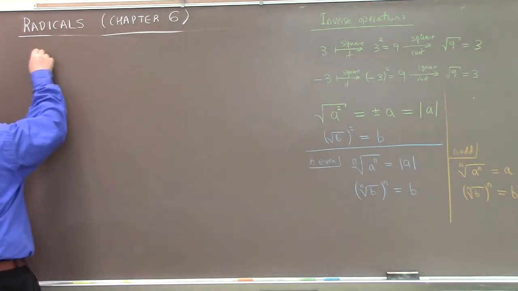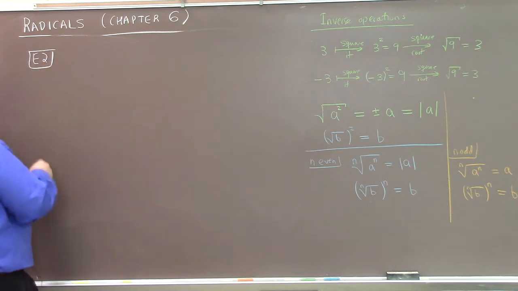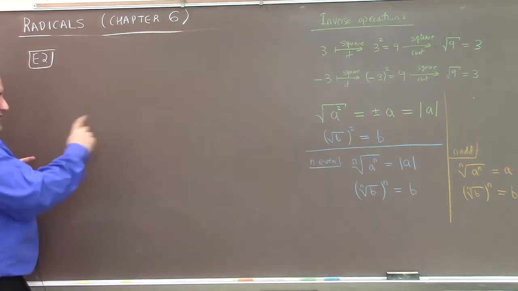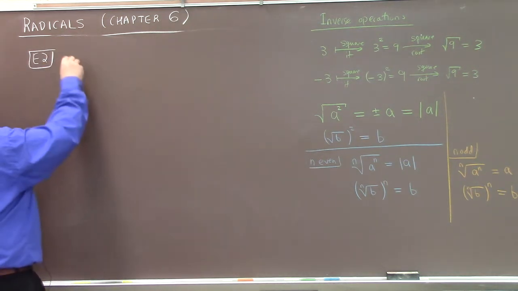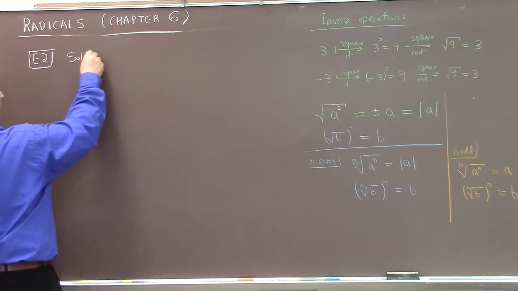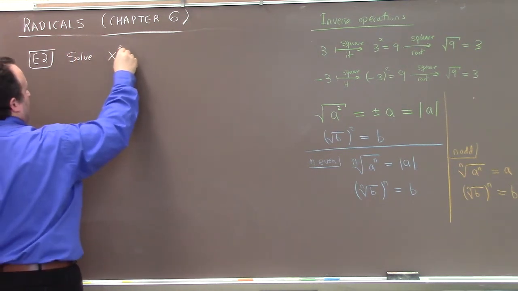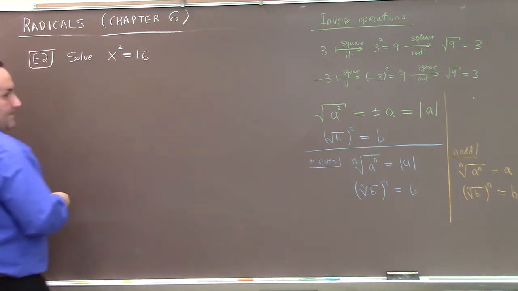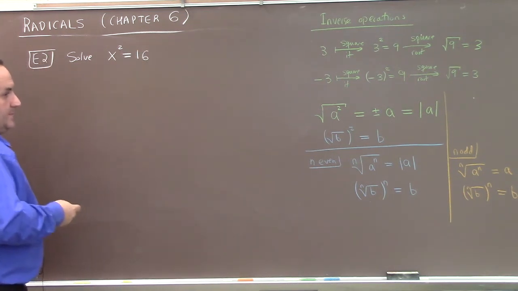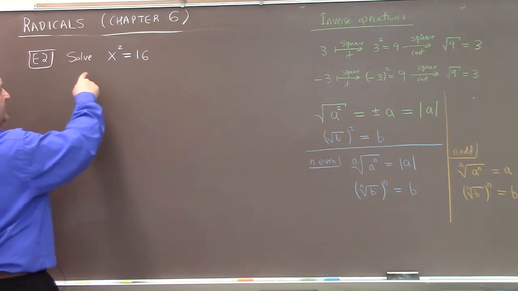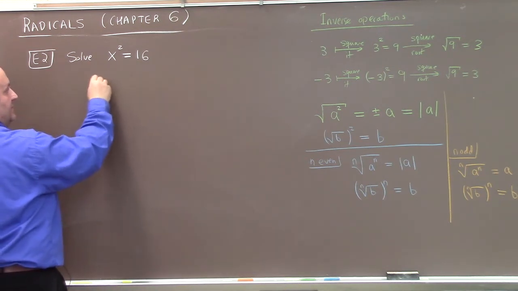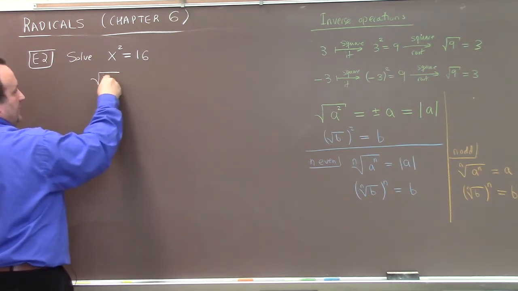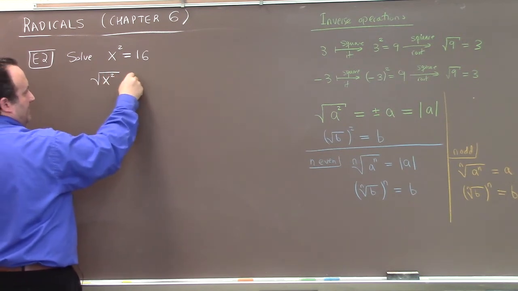Okay, so example 2, right? I'm jumping ahead a little bit, but I want to emphasize why this matters. So you want to solve x squared equals 16, right? When we take the square root of both sides, what happens?